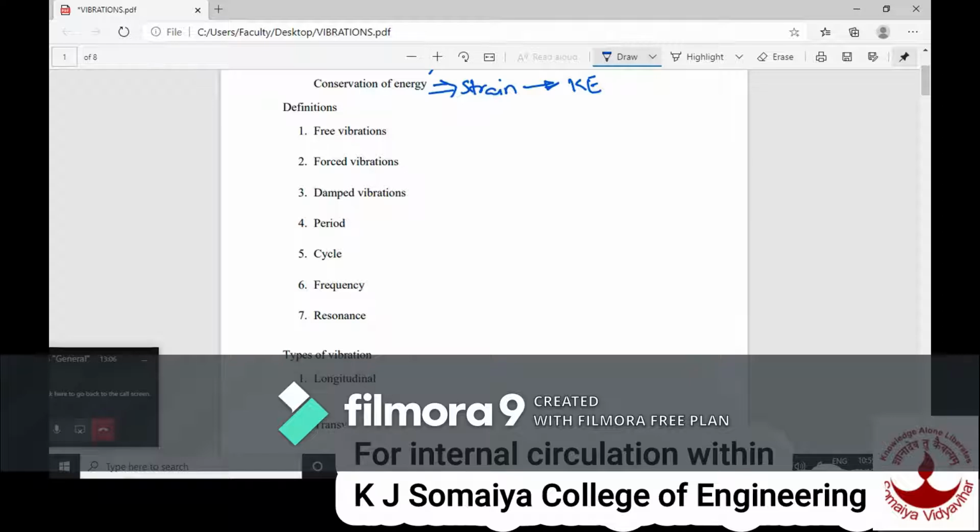Then there are a few concepts as far as the study of vibration is concerned. First is free, also called natural, vibration. Free vibrations are vibrations in which there is no friction and no external force applied once the body is initially released and excited.